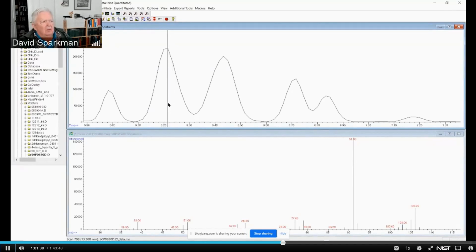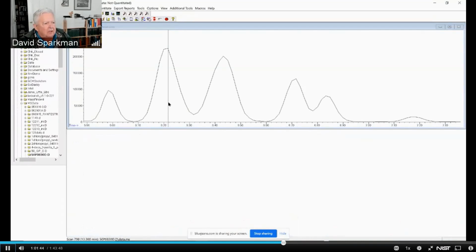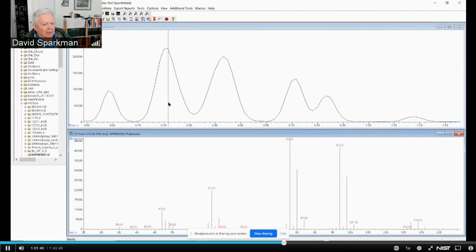So he did what many people do: he went to the apex of the chromatographic peak and displayed the mass spectrum. He looked at the mass spectrum and saw that it was not going to be easy to interpret manually.